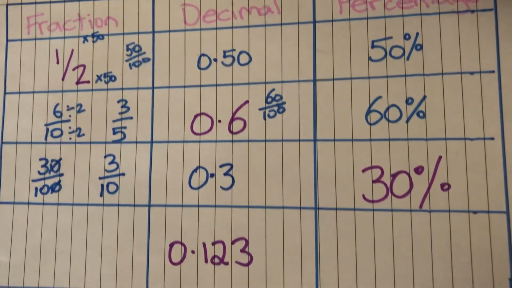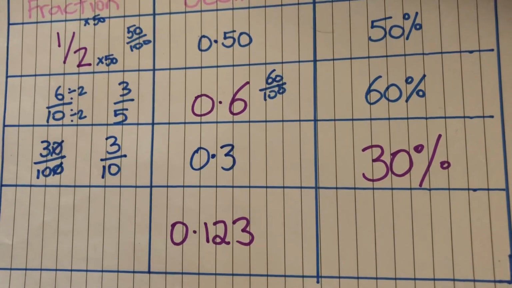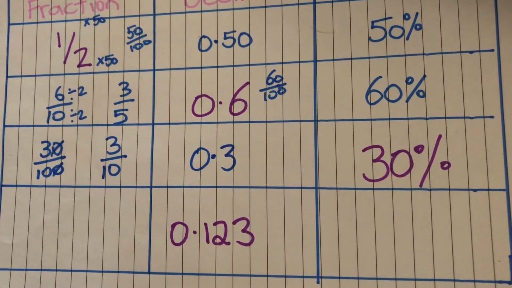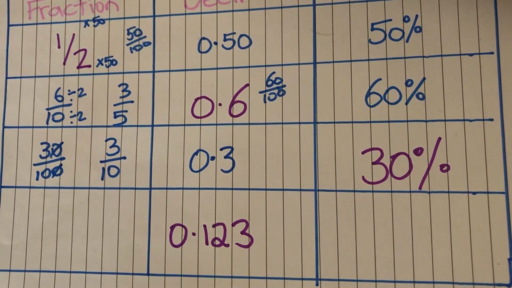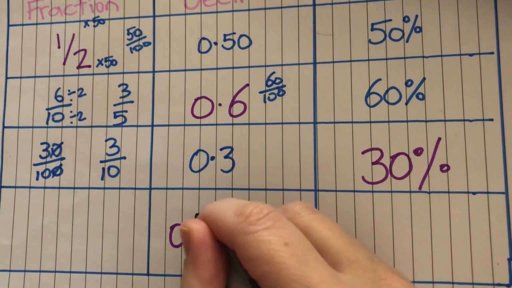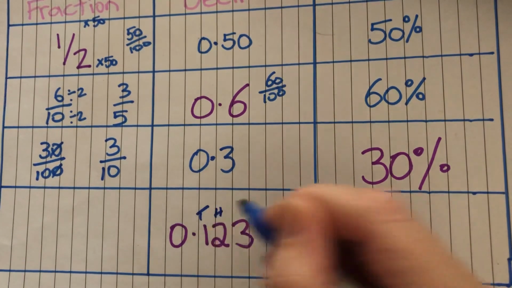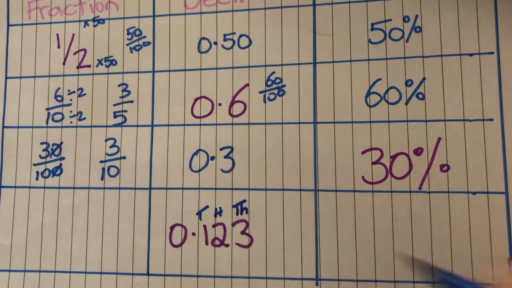Okay? All right. Next one, bit trickier this one, 0.123. So this time what we have to work out is what's going to be our denominator, because this time we've got tenths, then we've got hundredths, but then we've actually got thousandths.